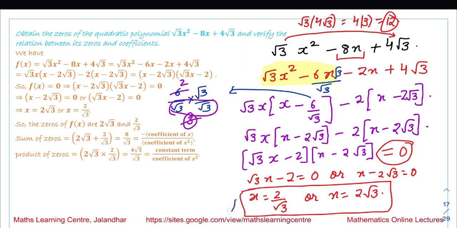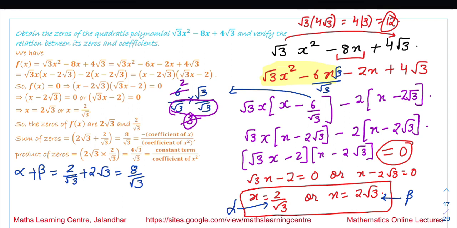Suppose we are saying this value is alpha and this value is beta. So alpha plus beta is equal to 2/√3 + 2√3. The answer is 8/√3.